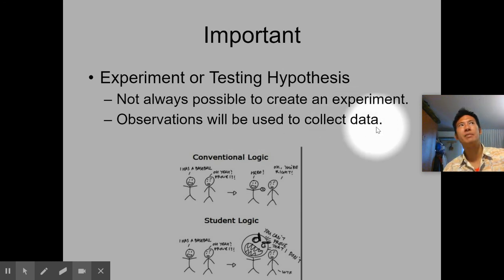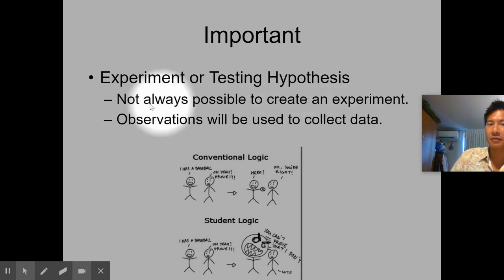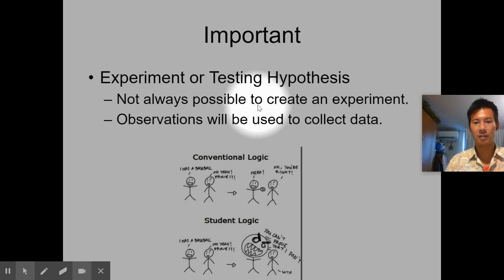An example here can be, for example, you want to solve problems with wild animals. Okay? Or you research wild animals. Okay? You want to see how they behave. Now, you cannot catch a wild animal and expect it to behave the same way when in captivity. All right. Therefore, in this case, it is impossible to create an experiment.